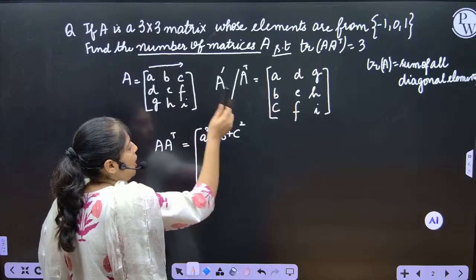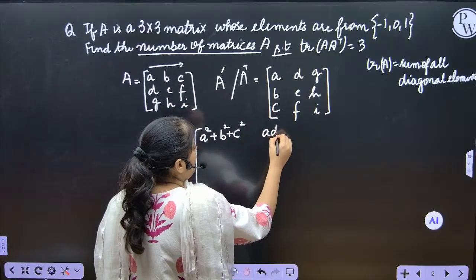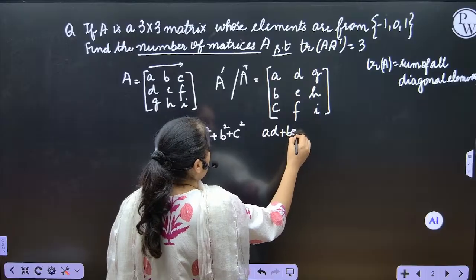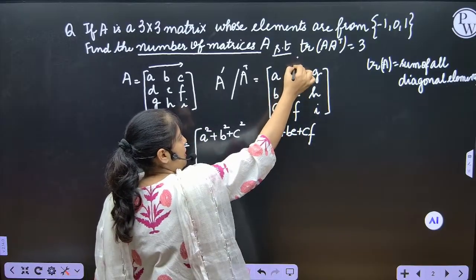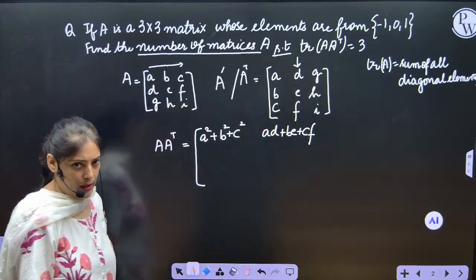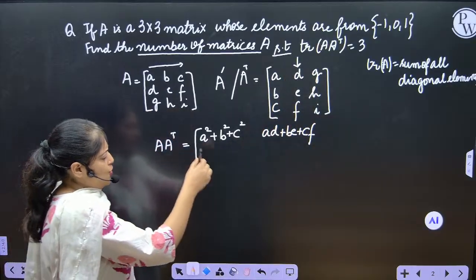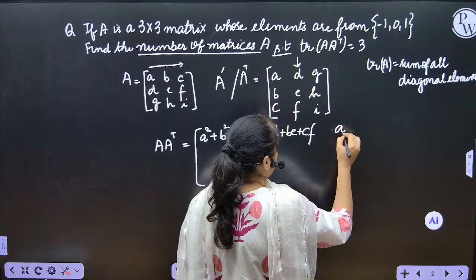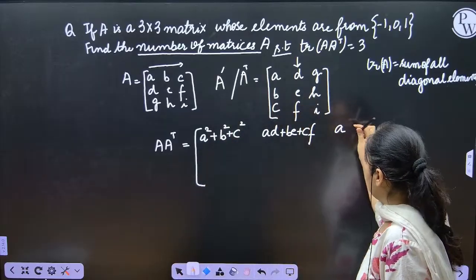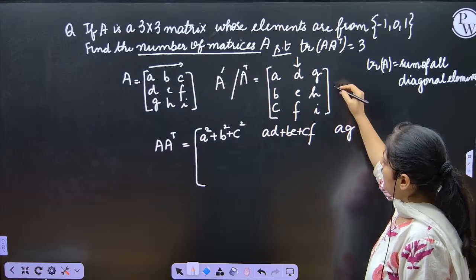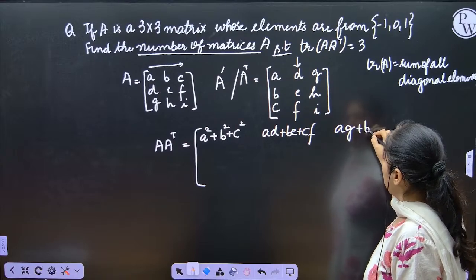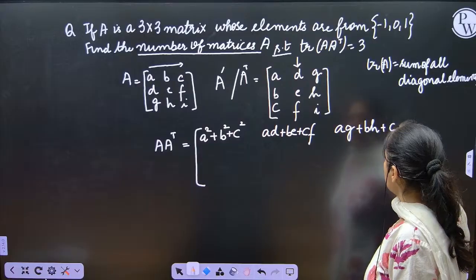Now how will the second element come? A will be multiplying with D, B with E, C with F. That means the first row is getting multiplied with the second column. Now the first row will be multiplied with the third column, so AG, BH, CI.